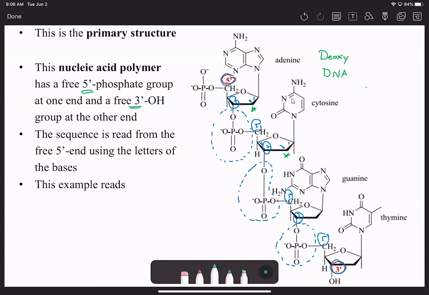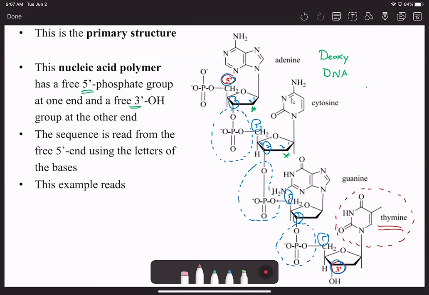That's one way to tell. The other way to tell that this is for DNA is that this is thymine, and thymine is not found in RNA. That is uracil. Thymine is in DNA, uracil is in RNA.